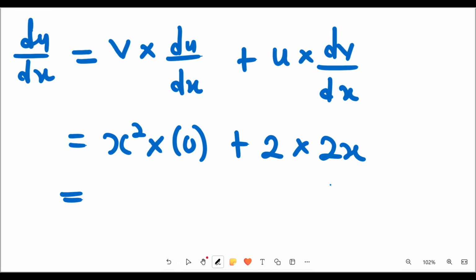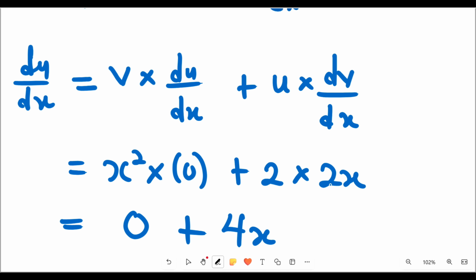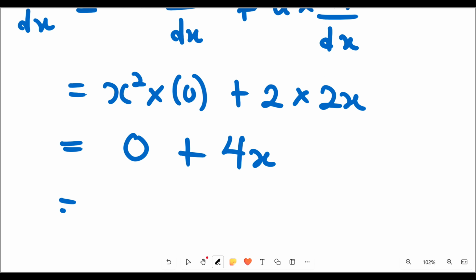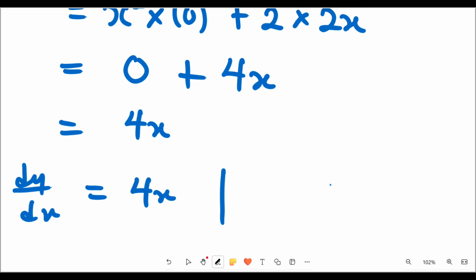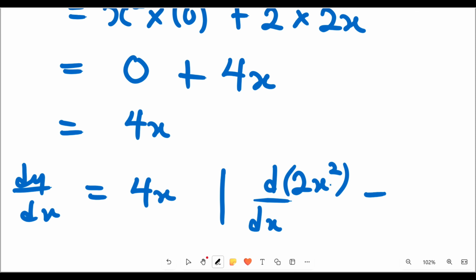So the first part, any number times 0 will give us 0, plus 2 times 2x will give us 4x. So when you add the two terms, you are going to get 4x, which implies that our dy/dx is equal to 4x, or d of (2x squared) over dx is equal to 4x.